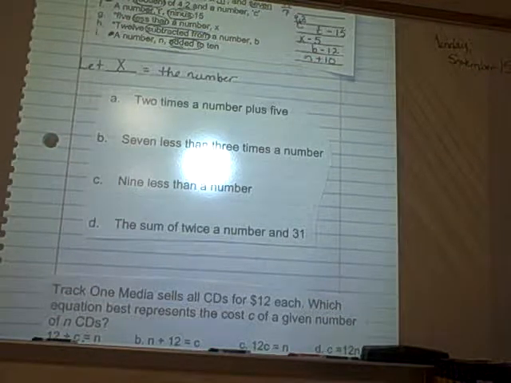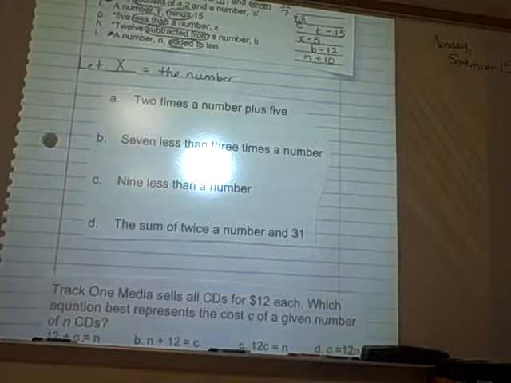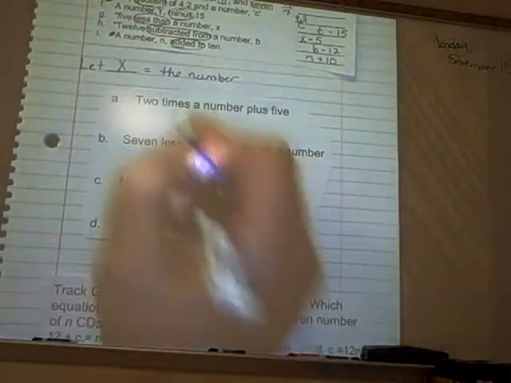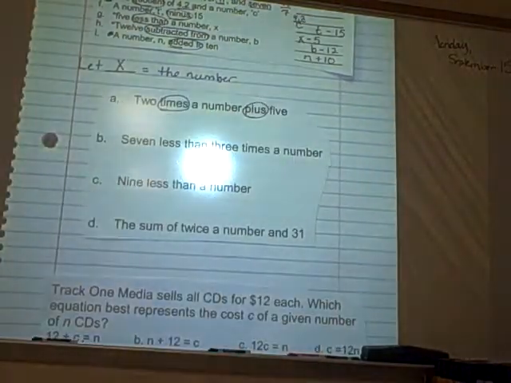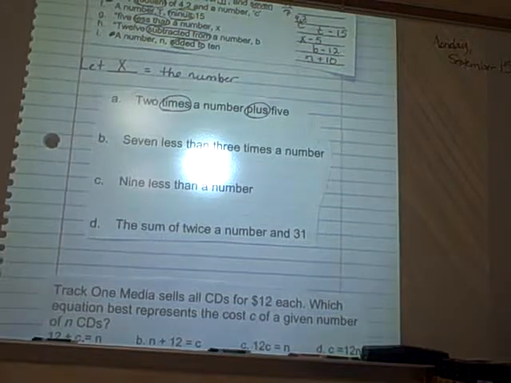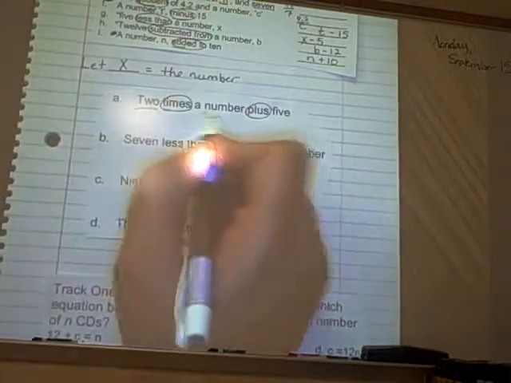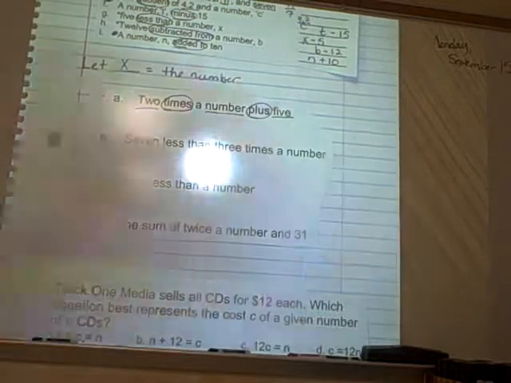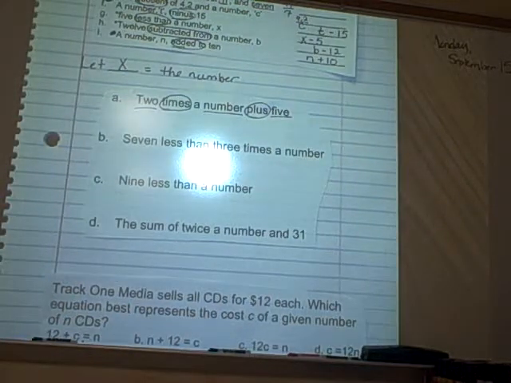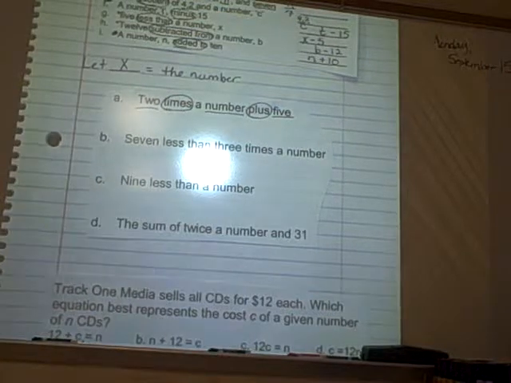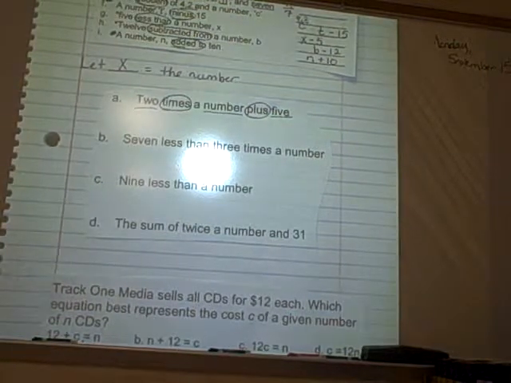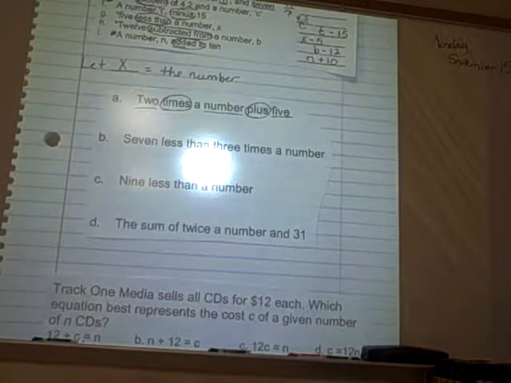Okay, so on letter A, it says 2 times a number plus 5. So we've got a couple things going on here. We've got times and plus, right? What does multiplying look like in algebra? They're just stuck together, right? So it's just a 2 stuck together with a letter or a variable, whatever you're using.